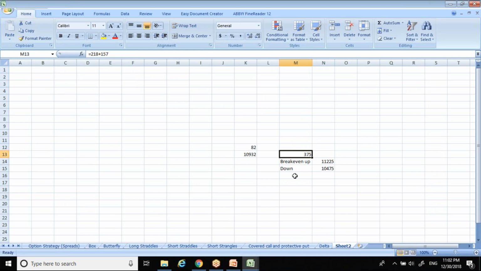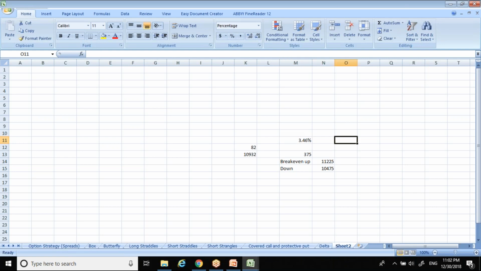This is 350, which is what we require. So how much percentage is 350 of 10,850? It is a change of around 3.5%. So this is the change.